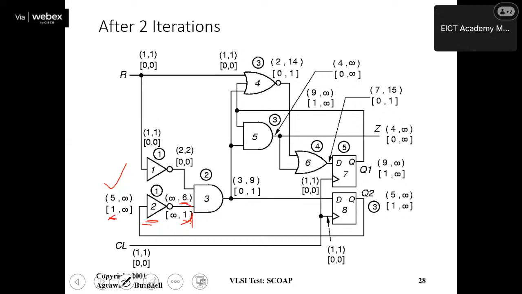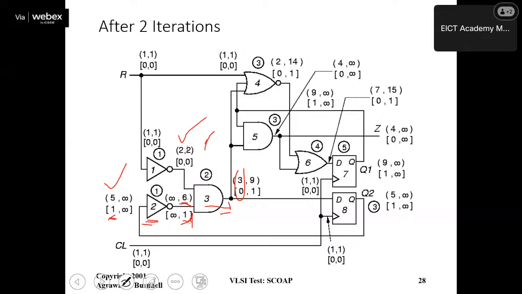Now we can actually calculate CC1 for this. Look at this, the minimum of CC0 or SC0 has not changed, so whatever calculation was done in the previous iteration has not been changed. But we can update CC1 and SC1. For CC1 and SC1, we have to add.